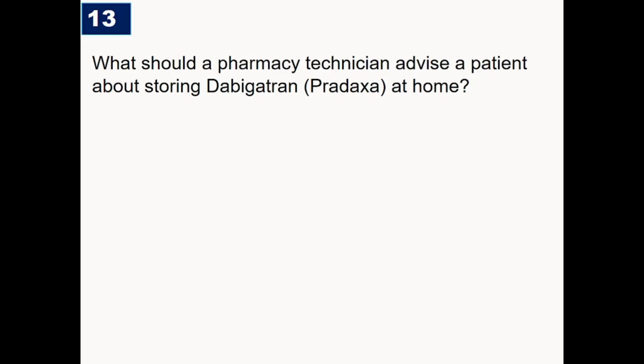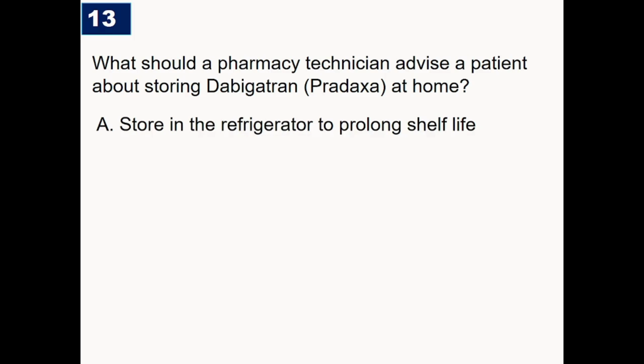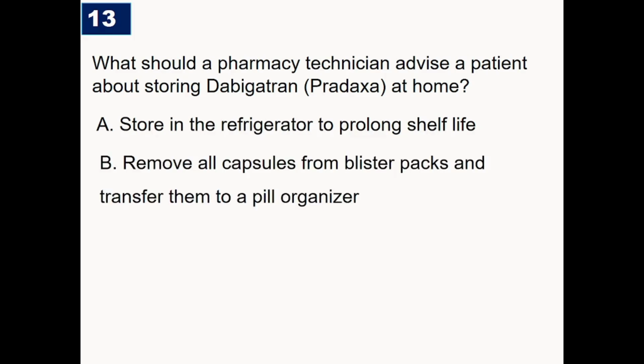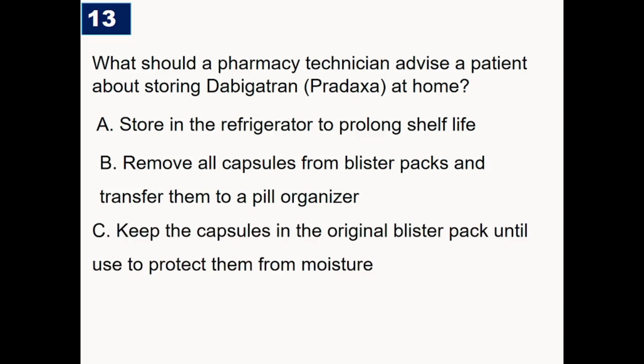Next, what should a pharmacy technician advise a patient about storing dabigatran at home? A. Store in the refrigerator to prolong shelf life. B. Remove all capsules from the blister pack and transfer them to a pill organizer. C. Keep the capsules in the original blister pack until used to protect them from moisture.